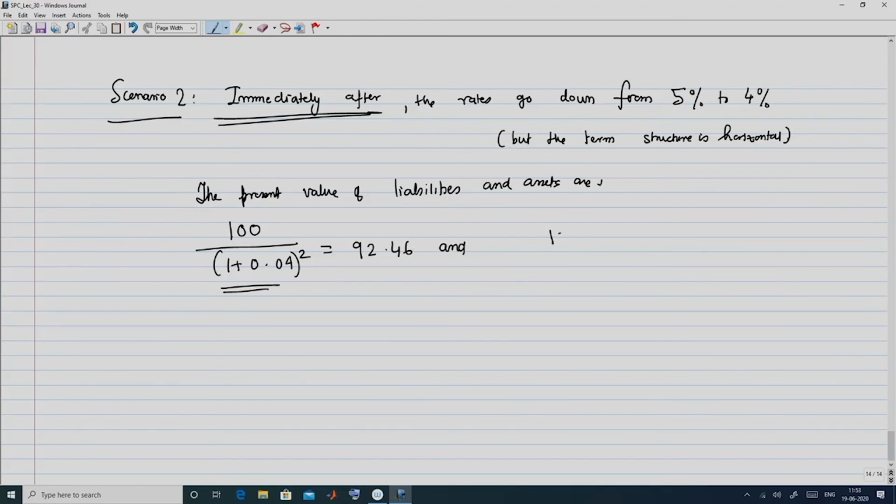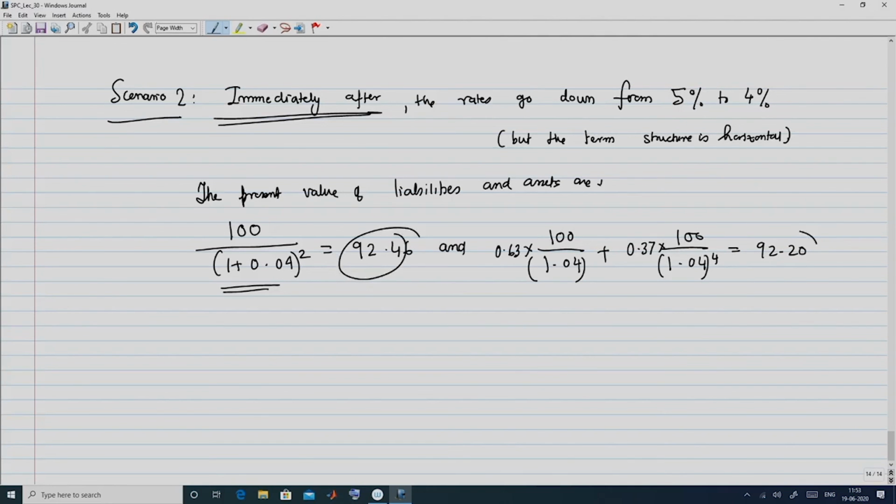And 100 divided by 1.04 is the present value pertaining to the first bond, and 100 divided by 1.04 raised to 4 is the present value of the second bond. Then I multiply these by the respective number of units, which are 0.63 and 0.37, and I add them up, and this adds up to 92.20.